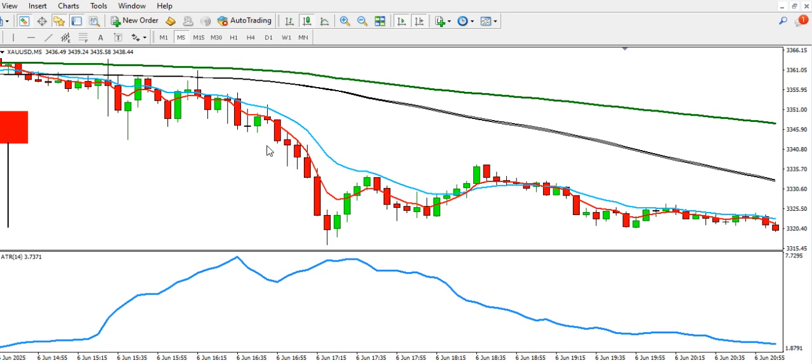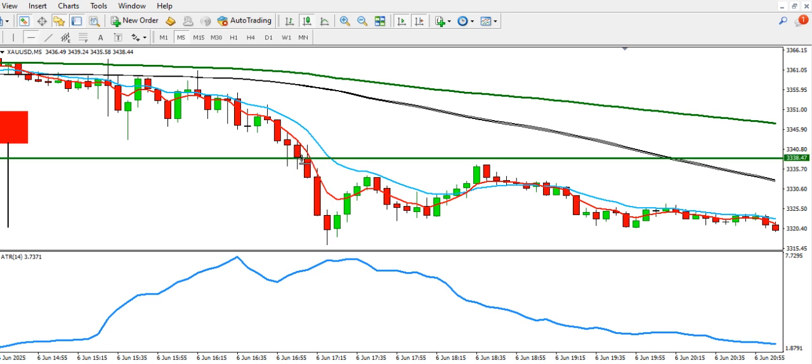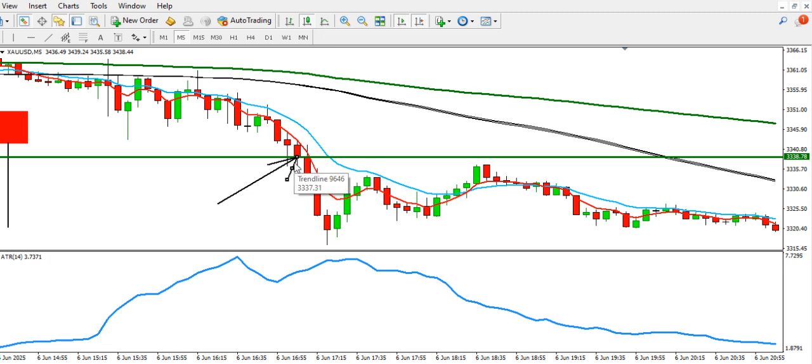So if we want to use this as our entry, assuming this is our floating candlestick, the close of the candlestick will be our entry this time around.